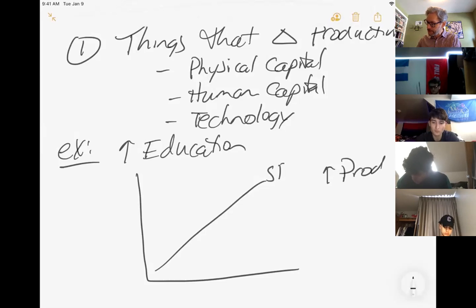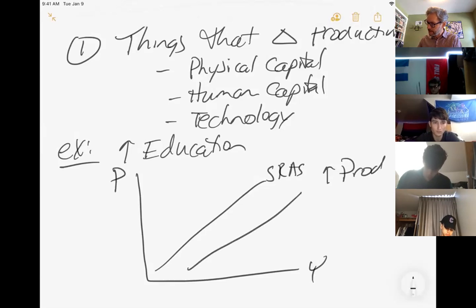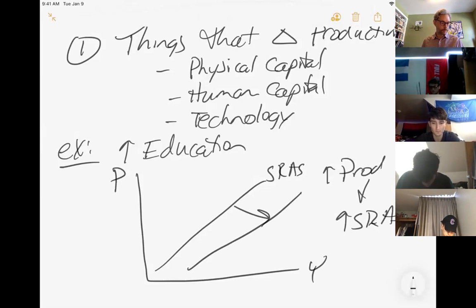What's that increase in productivity going to do to our short run aggregate supply curve? It's going to shift it in this direction. This would be an increase in short run aggregate supply. Vice versa, something that reduced productivity would reduce short run aggregate supply.